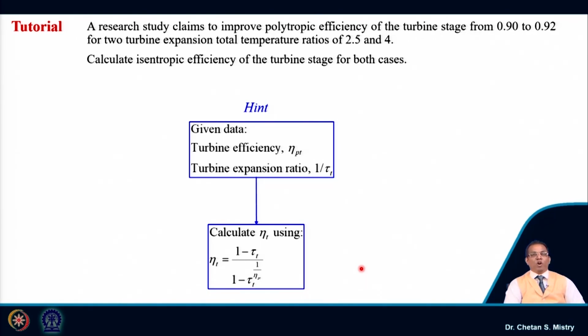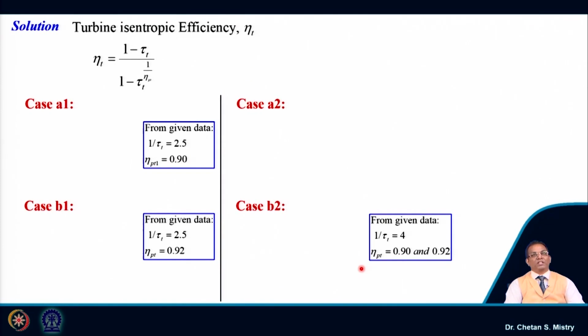We want to calculate my isentropic or adiabatic efficiency. So, let us look at this part. The turbine isentropic efficiency will be given in terms of my temperature ratio.